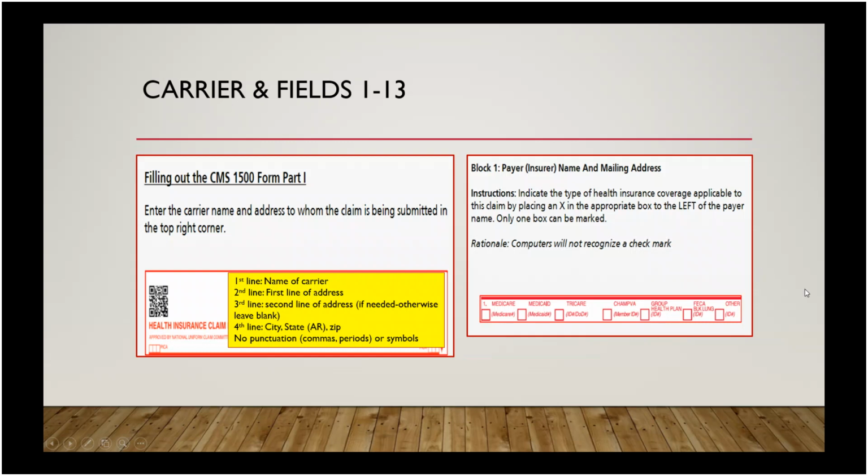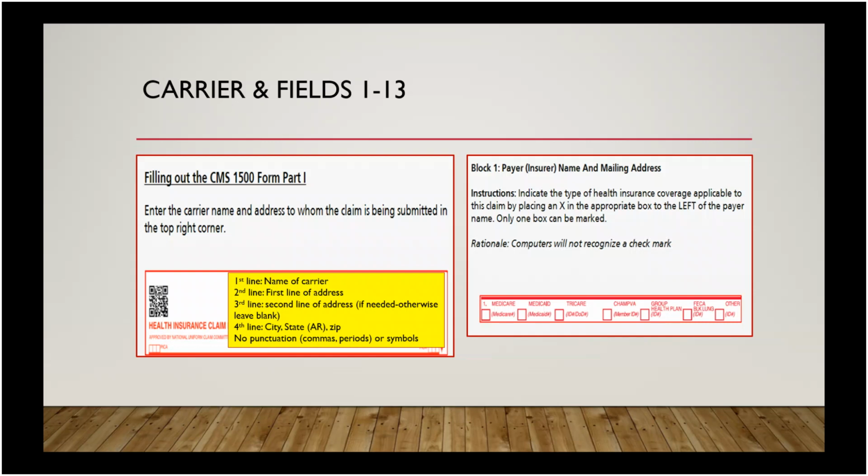So our fields, our carriers and fields 1 through 13. Again, this is the first part of the insurance. The carrier information at the top does have 4 lines of information. However, most places you're only going to utilize 3 of those. So the third line would actually be left blank.